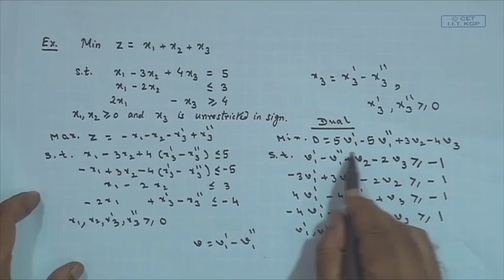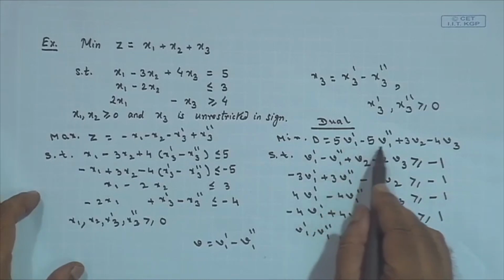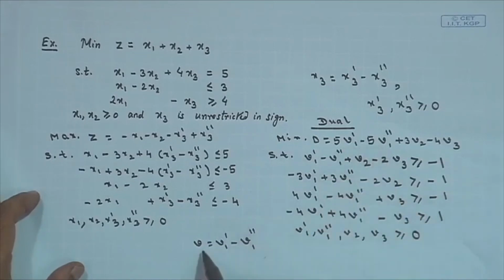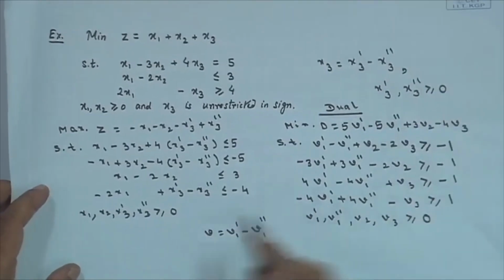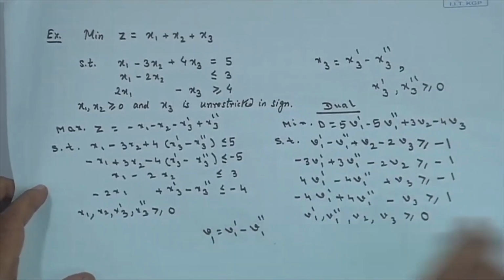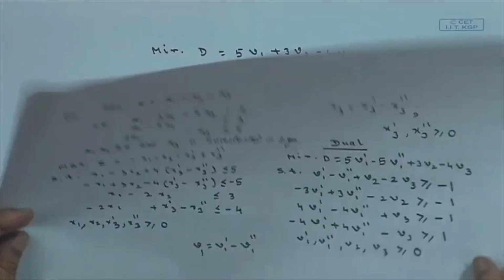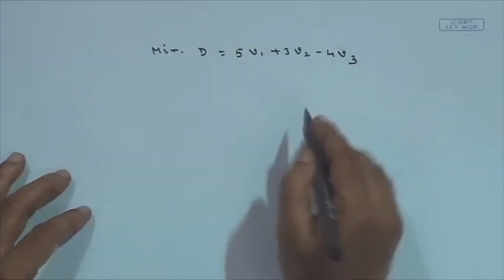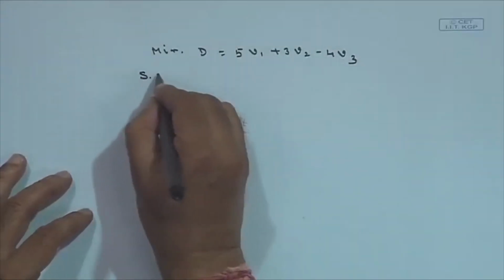I am just replacing v1 dash minus v1 double dash by v1.